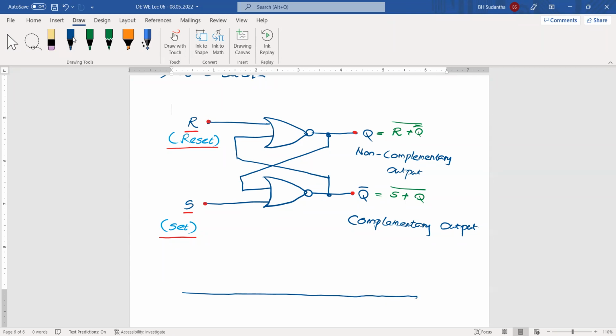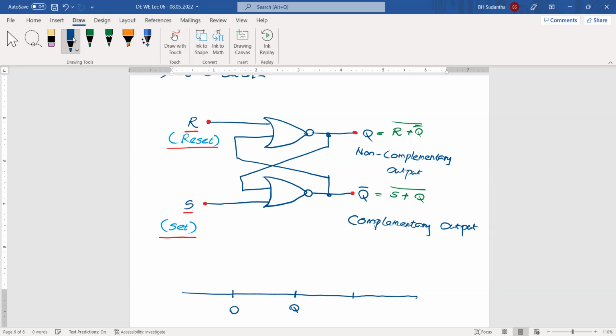For example, assume that here you have Q. But after this Q, you can change some R and S values. Then you will have a new Q. Before you have the new Q, the moment ago, you had the previous Q.